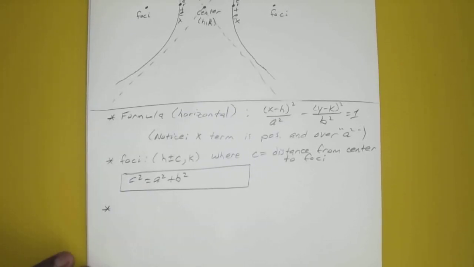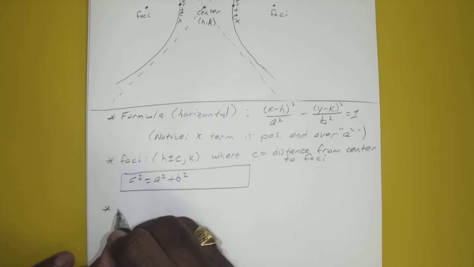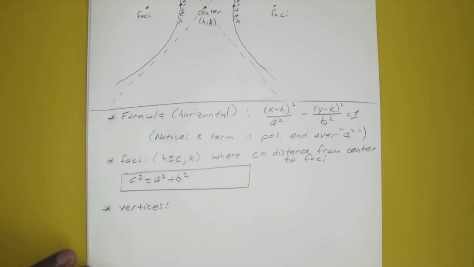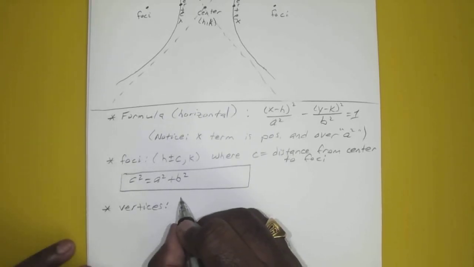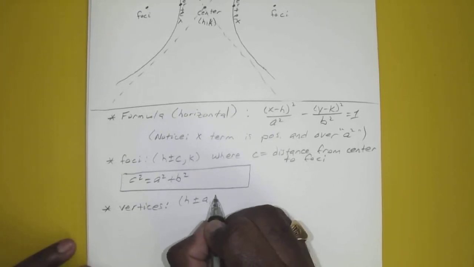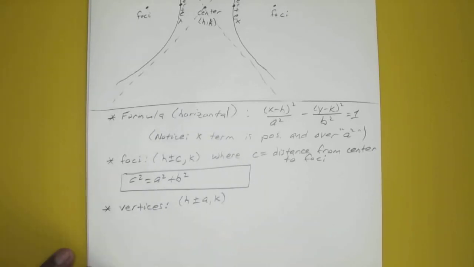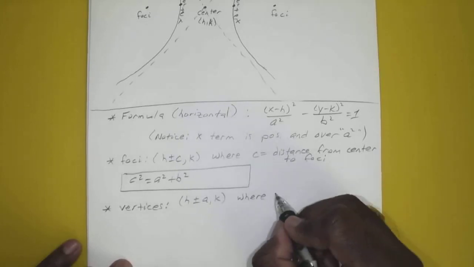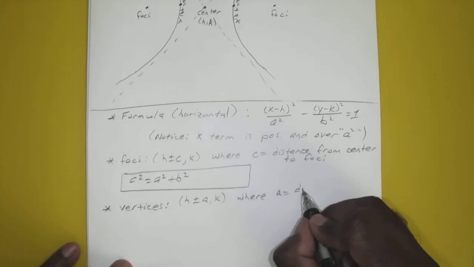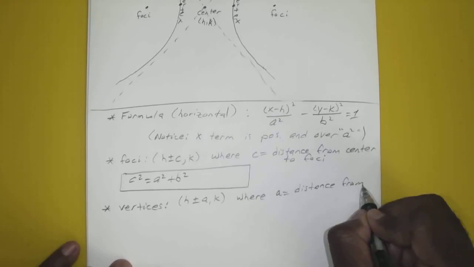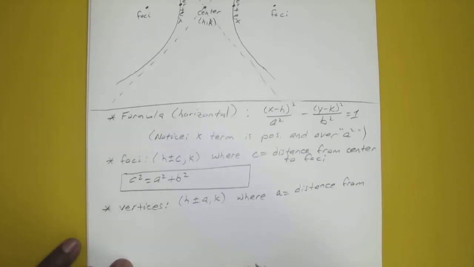Okay. So if we look at our vertices, your vertices is actually H plus or minus A, K. Where A is equal to the distance from the vertex to the center.